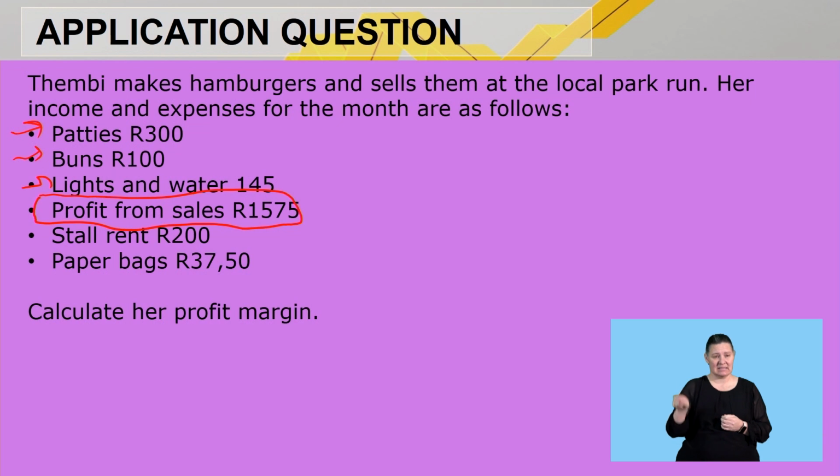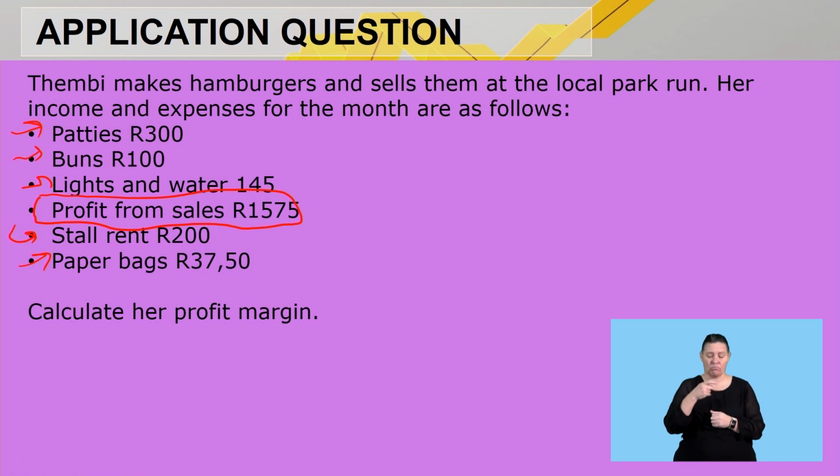I highlighted why, because it's not part of the expenses. She makes a profit of 1,575 Rand. She pays stall rent of 200 Rand, and she spent 37.50 Rand on her paper bags. So let's look at her profit margin.